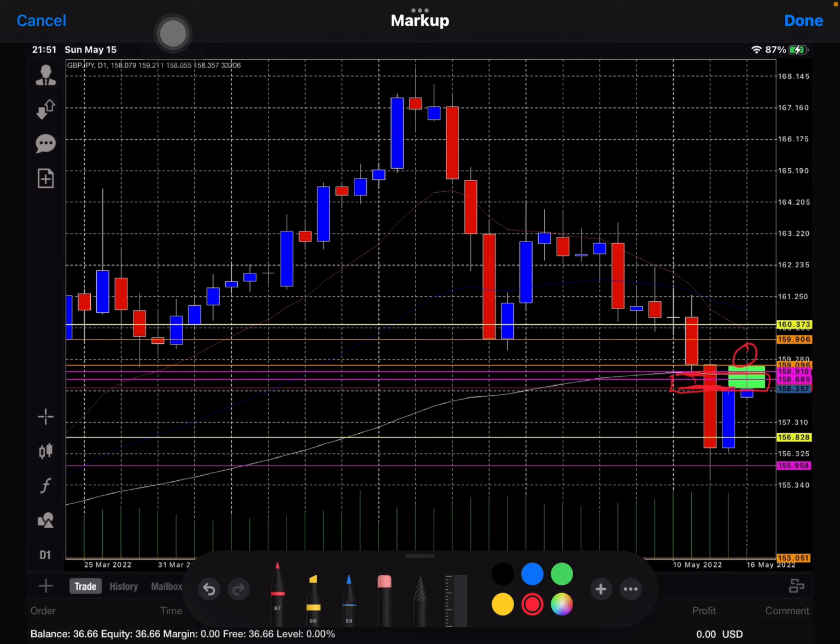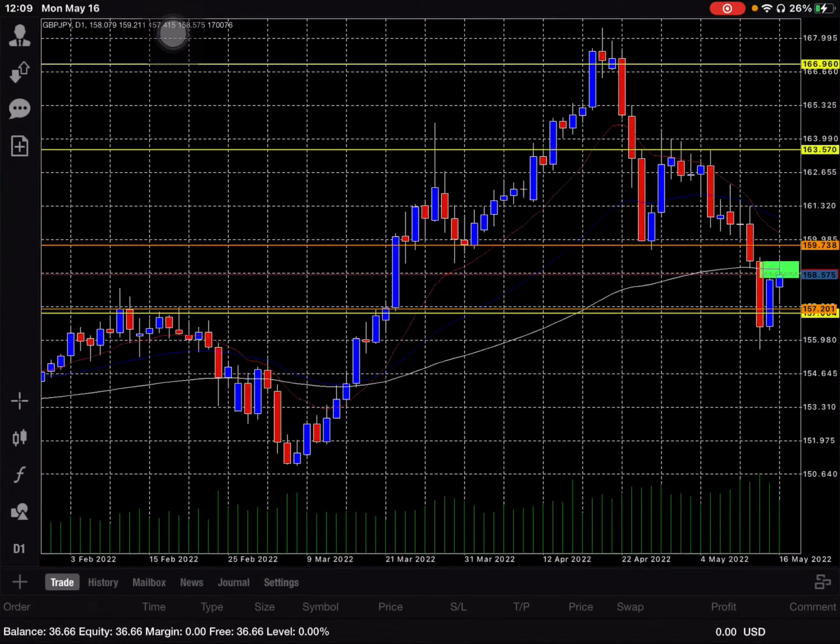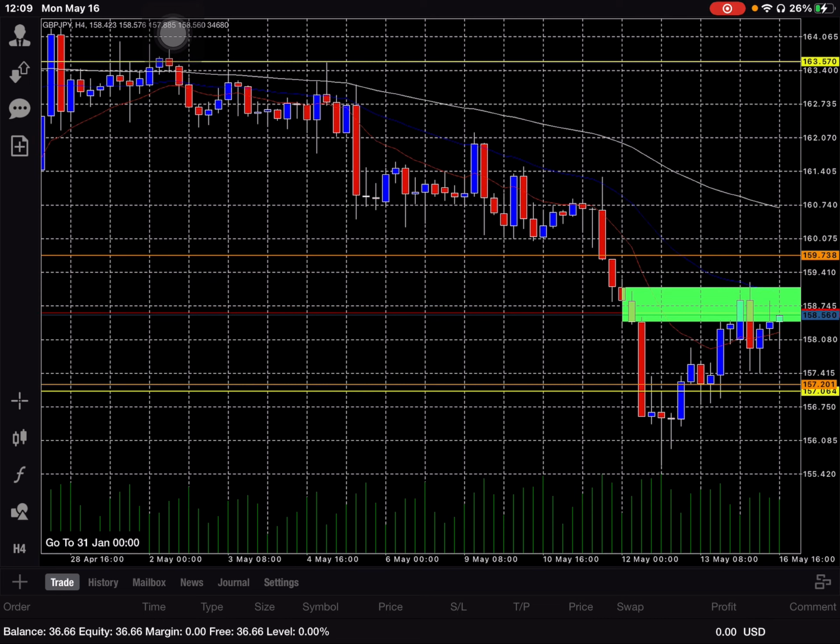And we have this wick right here, where if I put my stop a little bit past that, I can probably use this all the way over here as my stop. So let me go to my 4 hour.